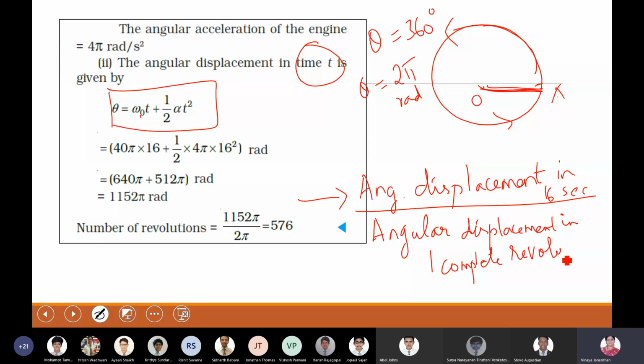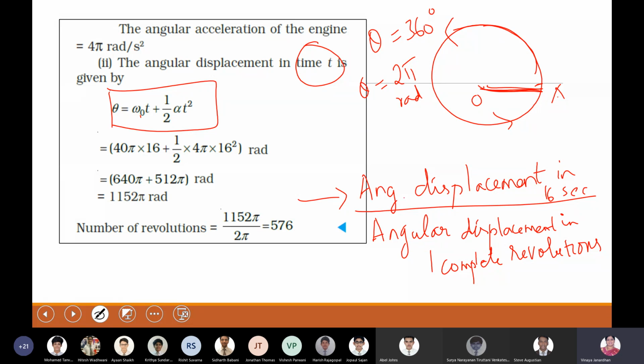So the angular displacement in 16 seconds divided by the angular displacement in one complete revolution.